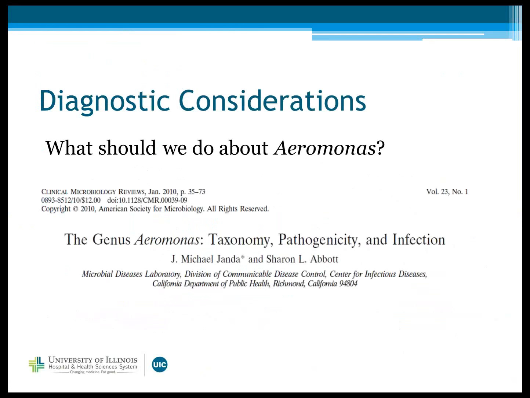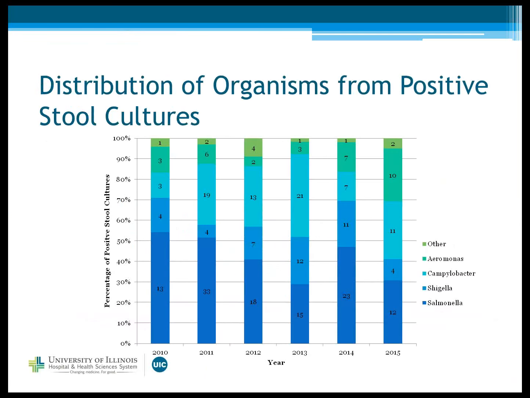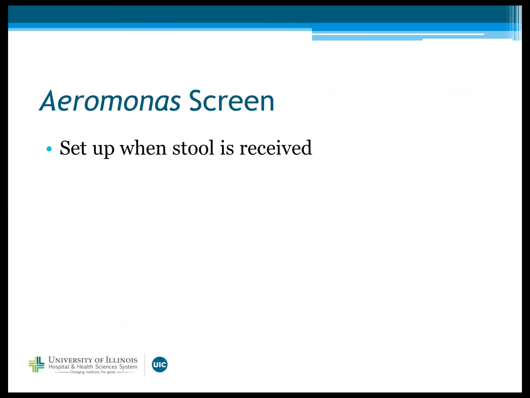There's a really nice review out there, Clinical Microbiology Reviews, talking about the clinical significance of Aeromonas in gastroenteritis, and I don't think there's been a definitive interpretation as to whether these are true pathogens or not. But like I said, because we could see a significant proportion of Aeromonas previously reported, we felt like that was something we wanted to continue.